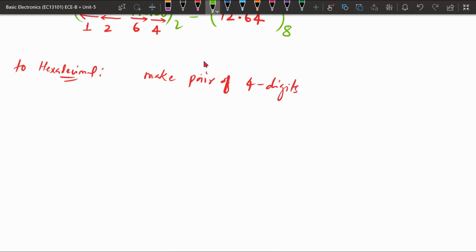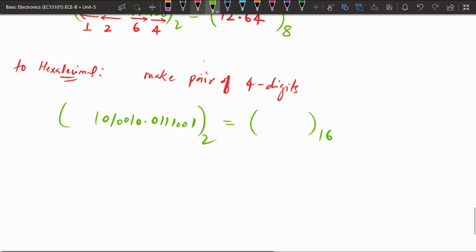Now in hexadecimal, we need to convert from binary to hexadecimal. Then we need to make pairs of 4 digits. Okay, so suppose this is the number we need to convert into equivalent hexadecimal. We need to convert this by using the 4-digit pairing. So now we will be making the pairing of 4 digits.